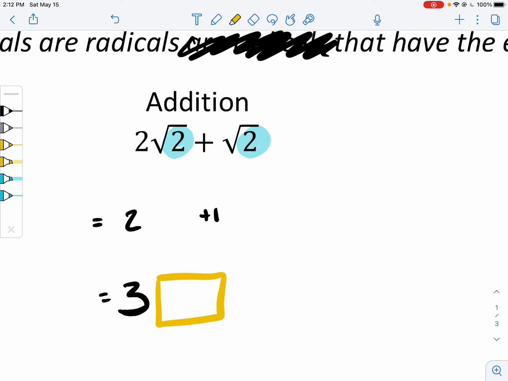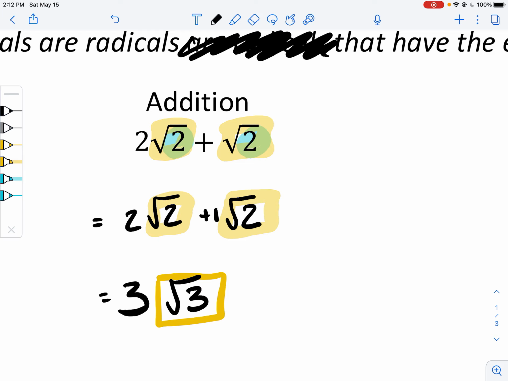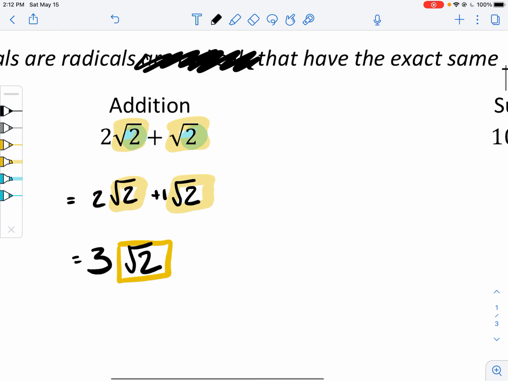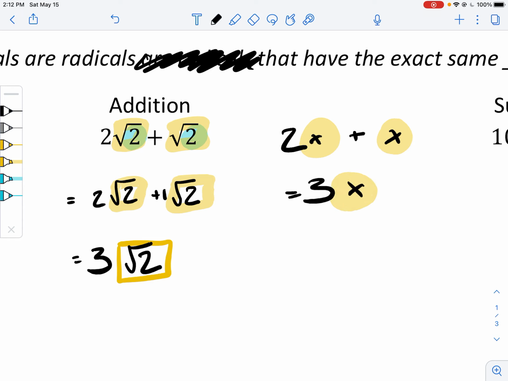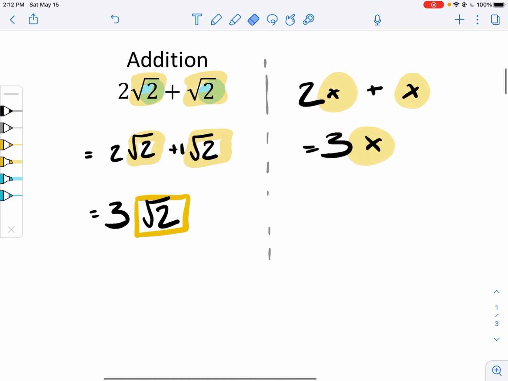Oh, our yellow box was a rad 2. So that means 2 rad 2 plus 1 rad 2 is 3 rad 2. It's the same kind of concept as if you have 2 times x, for example, plus another x. You've seen this before. 2x plus x is 3x. Same kind of deal. Cool. So our answer here is 3 rad 2.